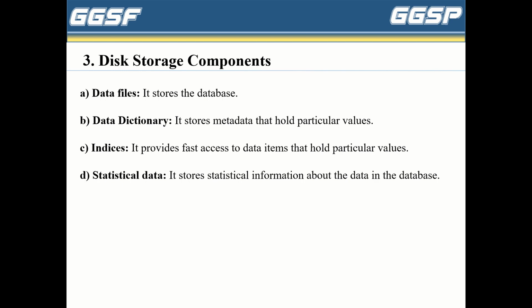It provides fast access to data items that hold a particular value. Next, statistical data. Statistical data means what? It stores the statistical information about the data in the database, just like your graph and tree, okay. So this is the basic structure of the database management system.